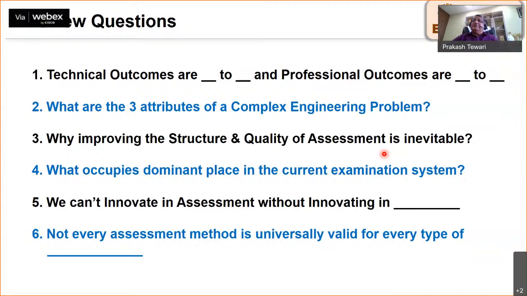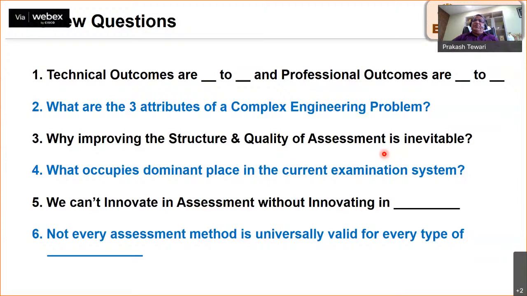Question not at the end of the textbook chapter. Anyway, I will give the answers also. You can type your answers.